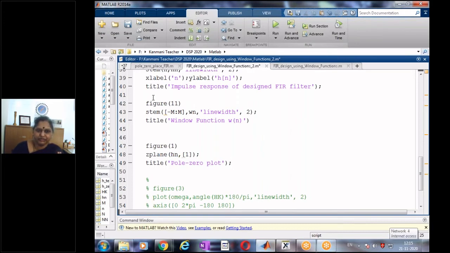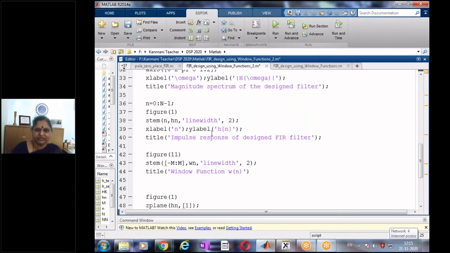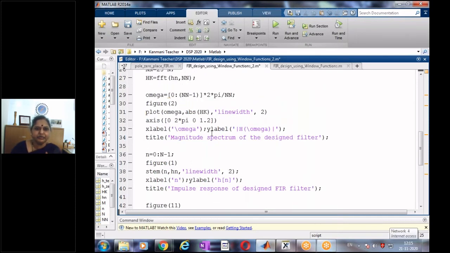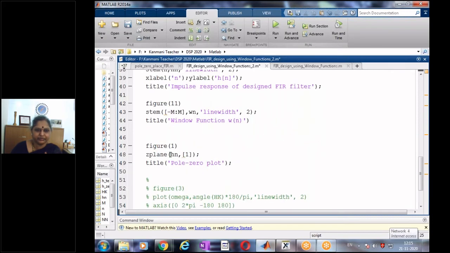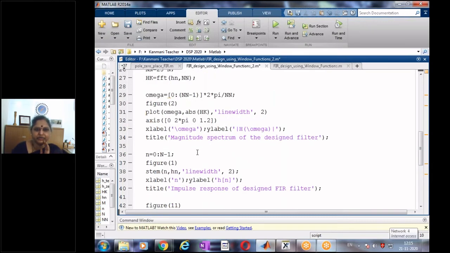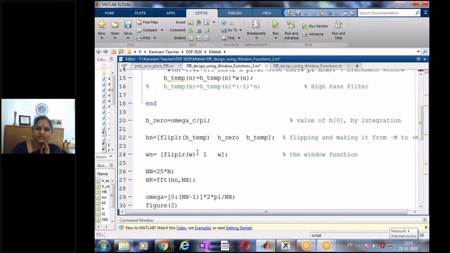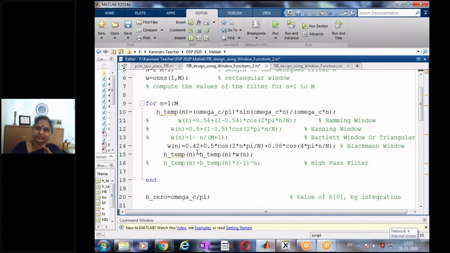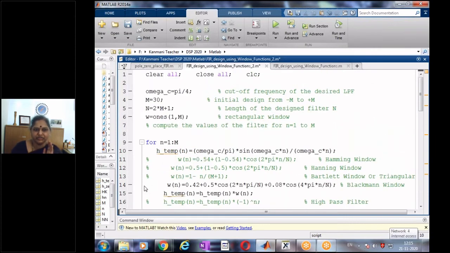I have the window function, I have the impulse response, I return everything, but I also have just some number, just to ensure that I don't have the same number for the figure. So now what I want to study is, let me first take up the rectangular window. So I will not use any window function. So I will mask all my window functions. So I'm having my rectangular window, and let me retain the same cutoff frequency of my filter as pi by 4.